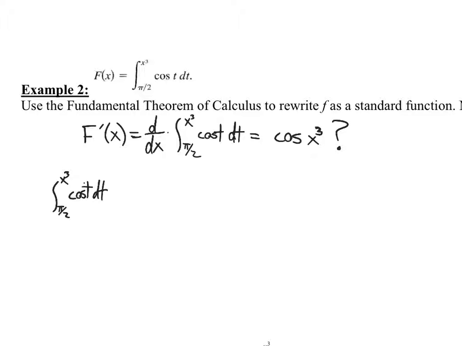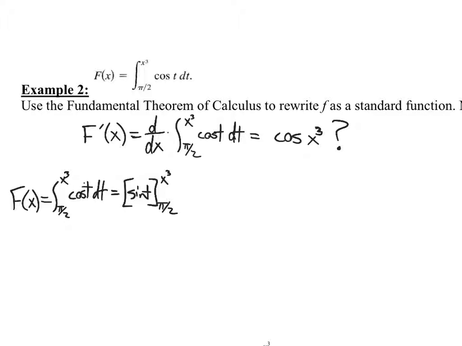Okay? Well, let's think. What's the integral of cosine of t dt? Sine of t. All right? So I need to evaluate that from pi over 2 to x cubed. And notice here I'm finding what capital F of x is.